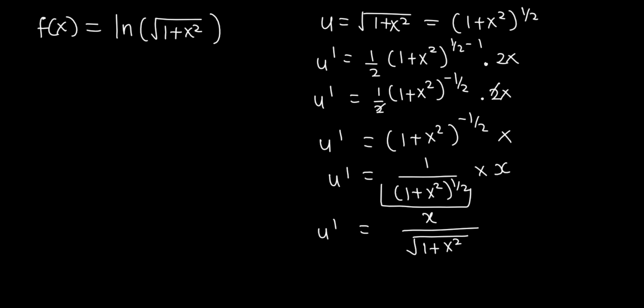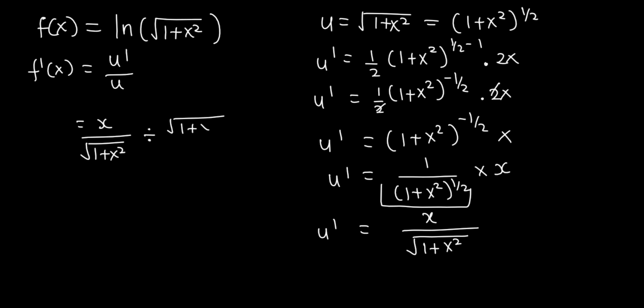So now we know u prime and then we know u. So let's do our substitution. We know that f prime of x will be equal to u prime divided by u. We know u prime to be equal to x divided by the square root of 1 plus x squared, and then this divided by u, which is the square root of 1 plus x squared. So now I'm going to reciprocate what we have here.